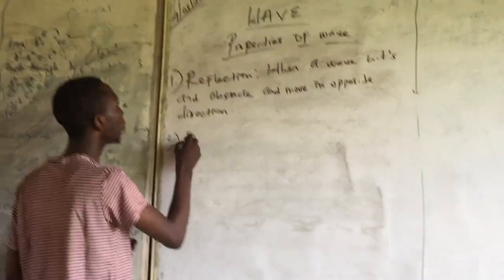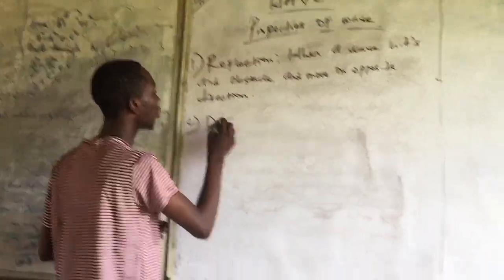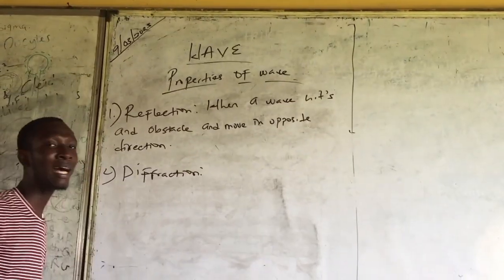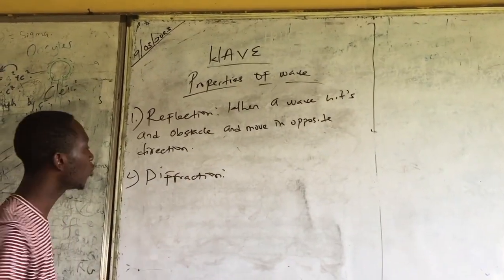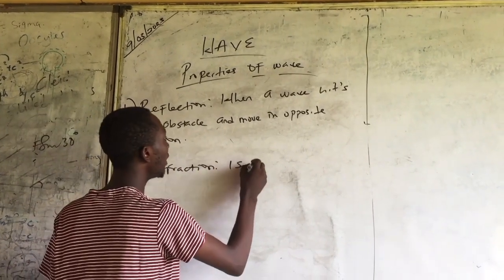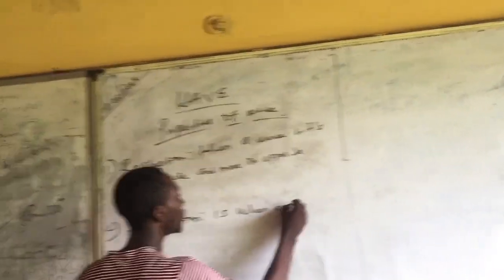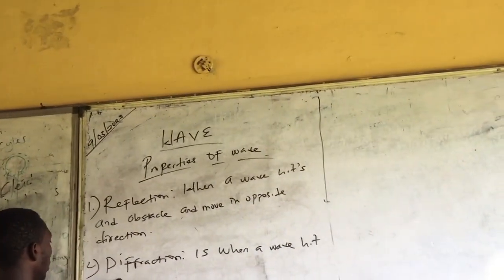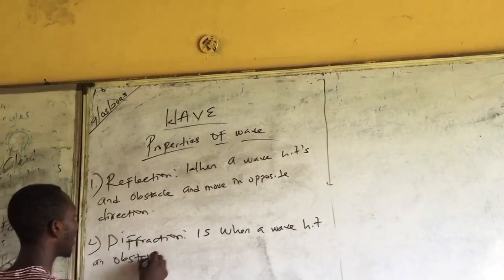Now, diffraction. Diffraction is when a wave hits an obstacle and bends around that obstacle.